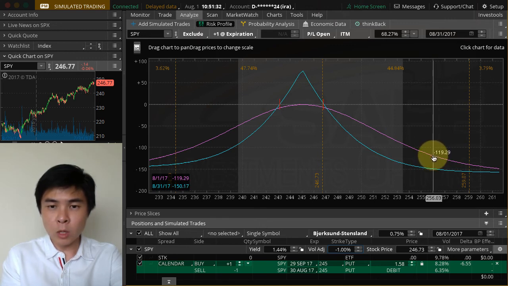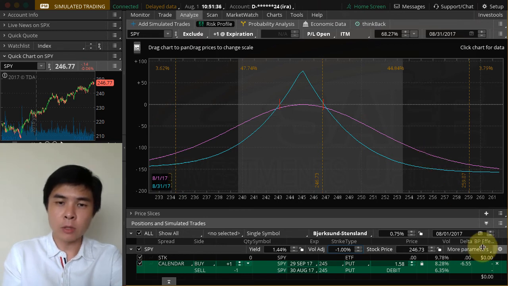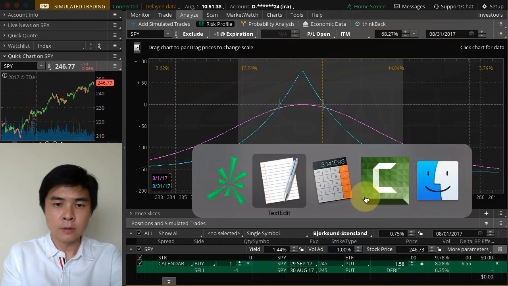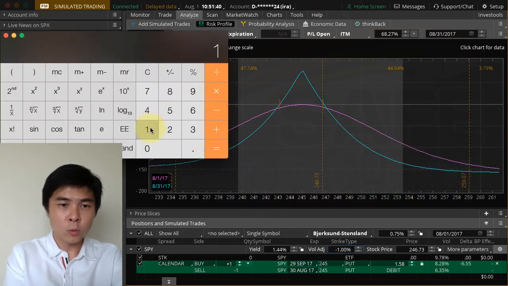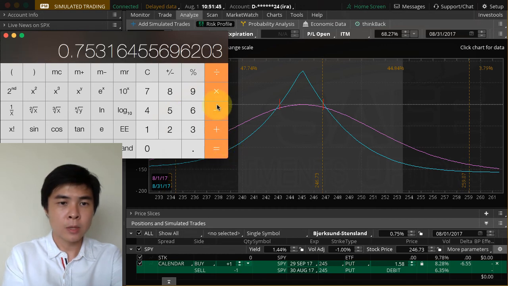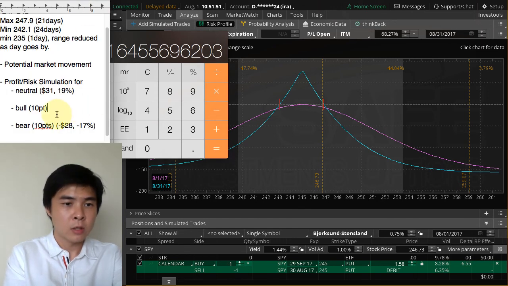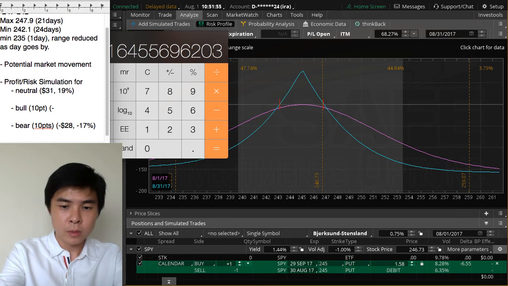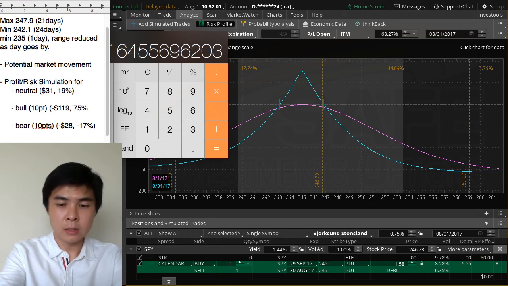We will have incurred about $119 of loss. 119 divided by 158 multiplied by 100, to be sure, is a 75% loss.